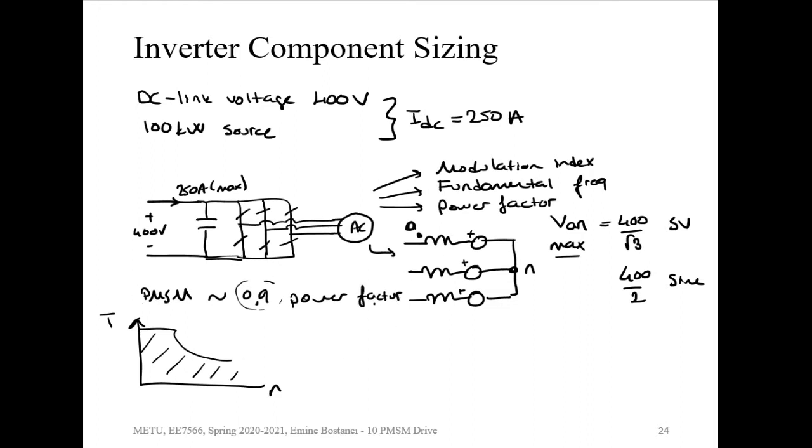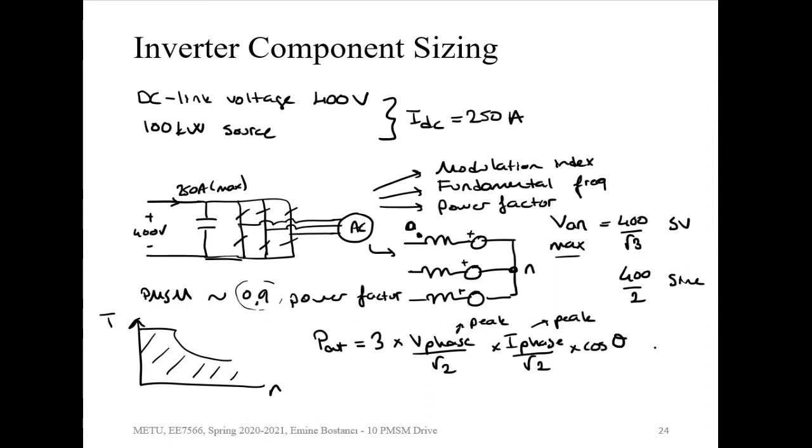In this case, we know that if I want to operate at the constant power, which is 100 kilowatts, the output power, if I neglect all the losses, is going to be 3 times V phase RMS, so V phase peak divided by square root of 2. As you know, we always use the peak values. Times I phase, this is also the peak, divided by square root of 2, multiplied by cosine theta.